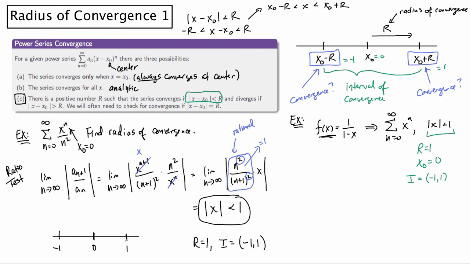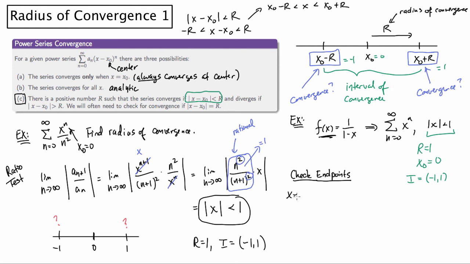And now I have to check for convergence at either endpoint. The way that you do that is by taking the original sum and plugging in the endpoint.